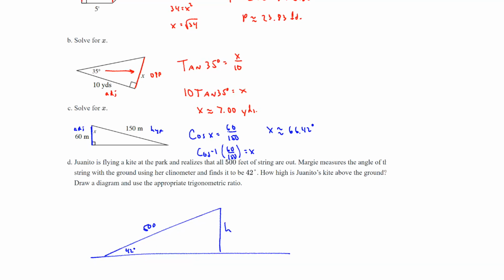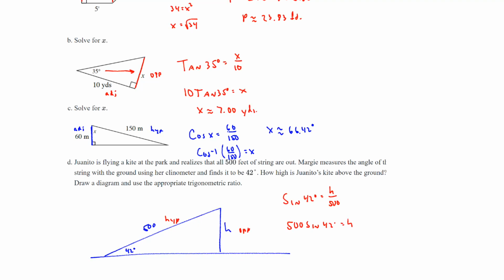So based on that information, it looks like we will be using opposite and hypotenuse with an angle, so that would be sine, so that'll give us sine of 42 degrees is equal to h over 500. You can multiply by 500, that'll be 500 sine of 42 degrees is equal to h.